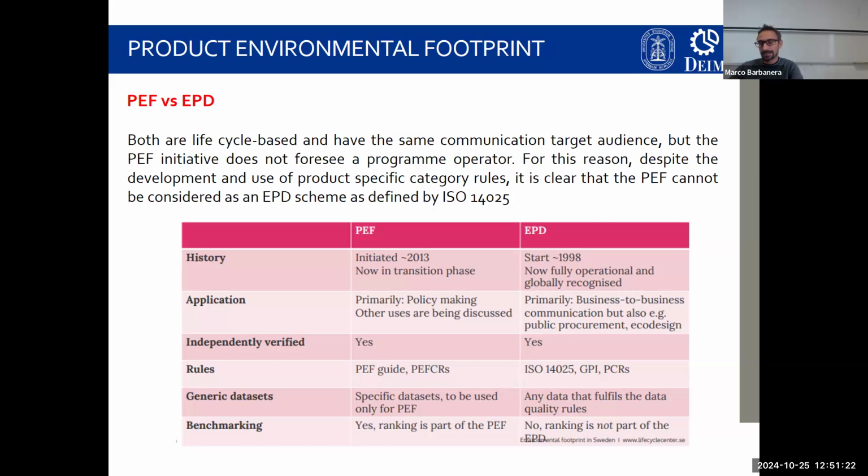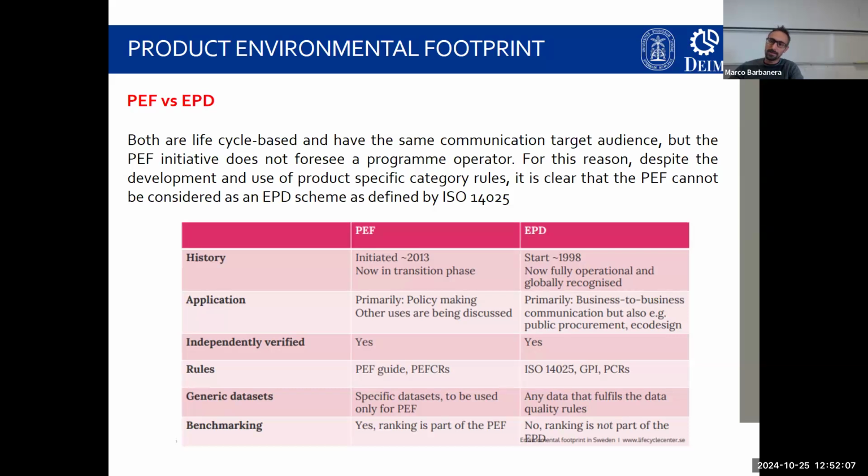So this is the most critical point when we want to compare the environmental results from two different EPDs about two different products, because the differences in terms of environmental results can be due not only to real differences in the process, but also to the different secondary data used to model the life cycle.